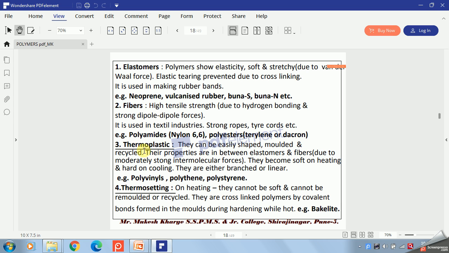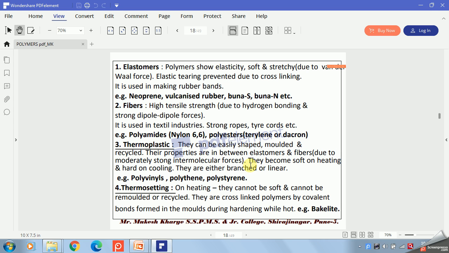The third type is thermoplastic. These polymers can be easily shaped, molded and recycled. Their properties are in between elastomers and fibers. The reason is that they have moderately strong intermolecular forces, in between those of elastomers and fibers.